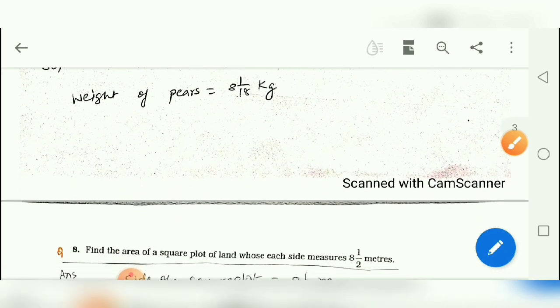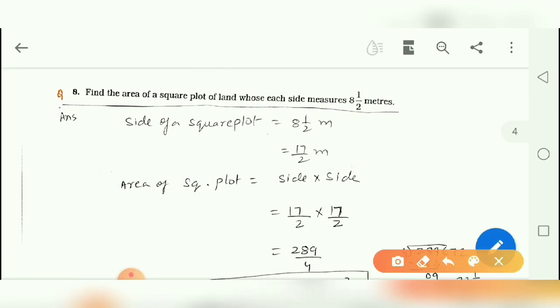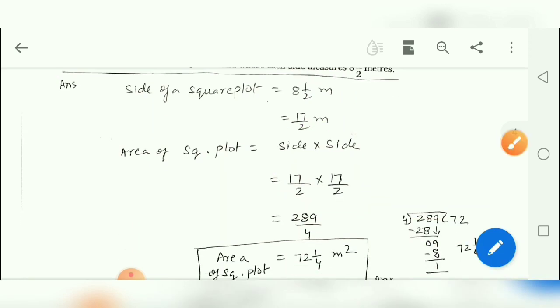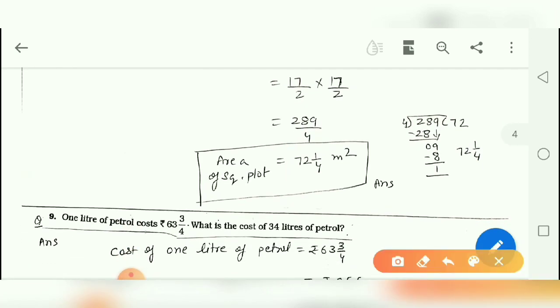Now the next question is question number 8 of the same exercise. Here we have to find out the area of a square plot whose side measures this much. We know the area of a square plot is side into side. First we will convert the dimension of the side into an improper fraction, and now for finding out the area we will multiply side by side. Here we have done, and after this calculation we have found the answer is 289 upon 4.